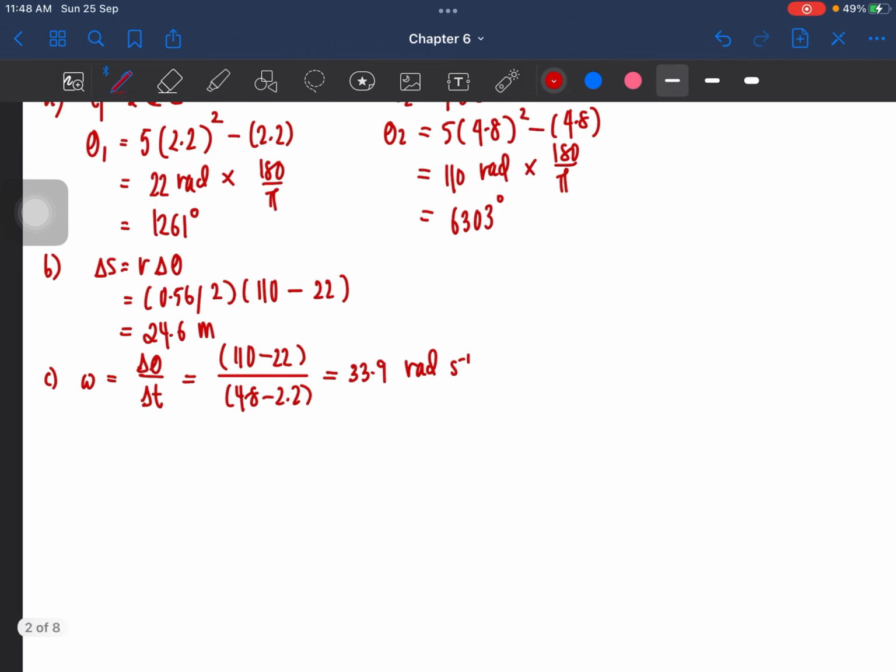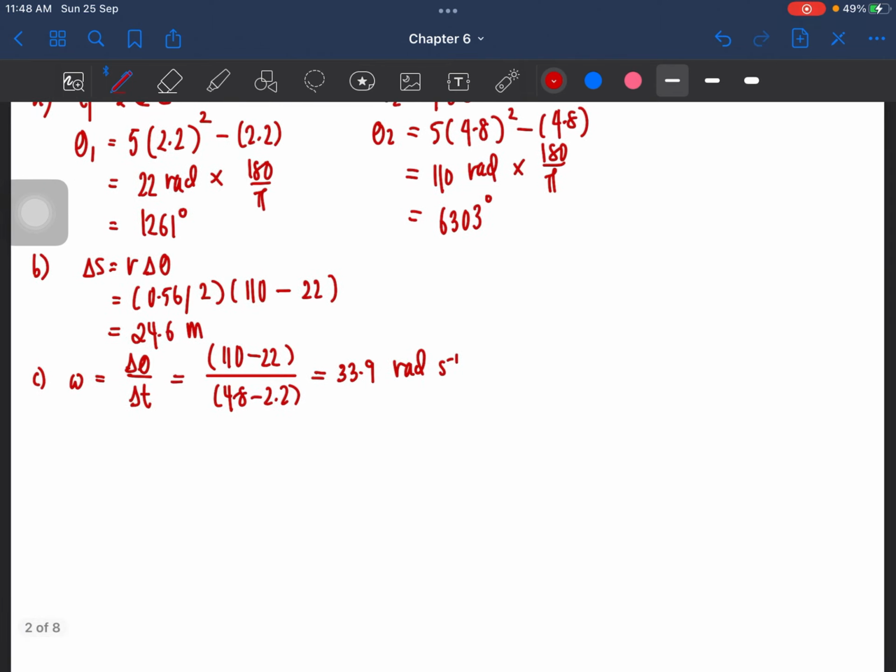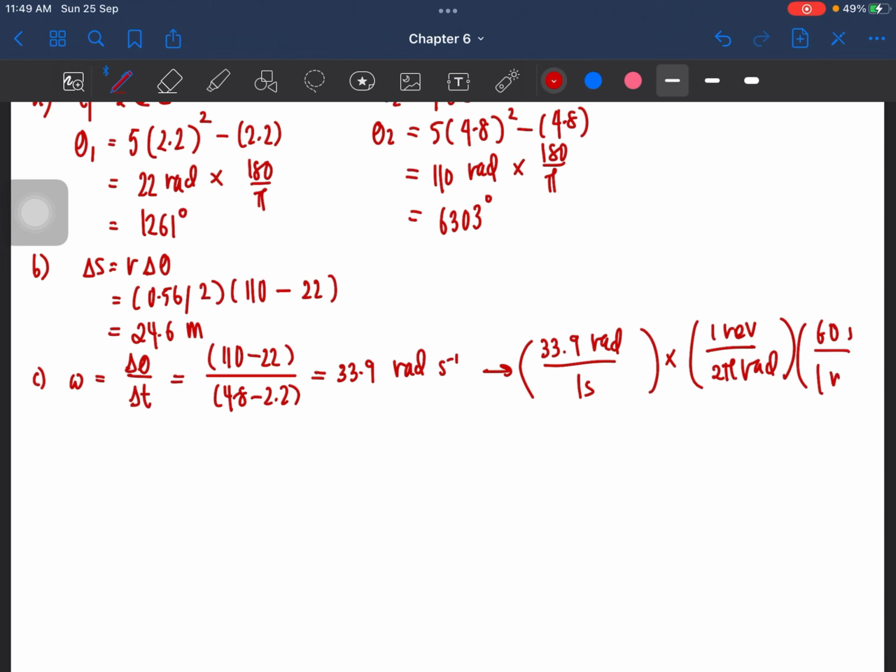Now let us convert this into revolution per minute. How do we convert it? We have radian per second, so we multiply by 1 revolution divided by 2 pi radian, times 60 seconds over 1 minute.